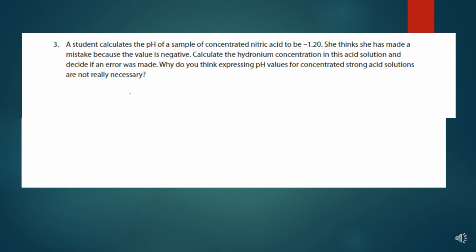So again, we're going to use the anti-log, 10 to the negative 1.20. And I get a concentration of 16 moles per liter. Now, if I'm thinking to myself, is that possible? Yes, it is possible.